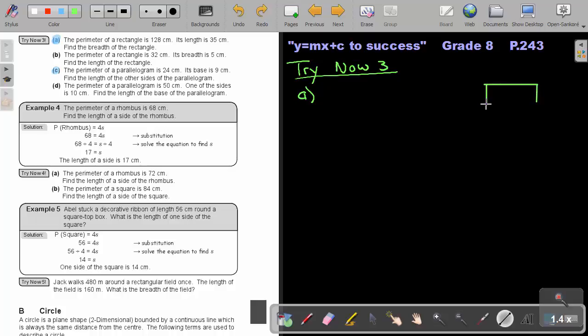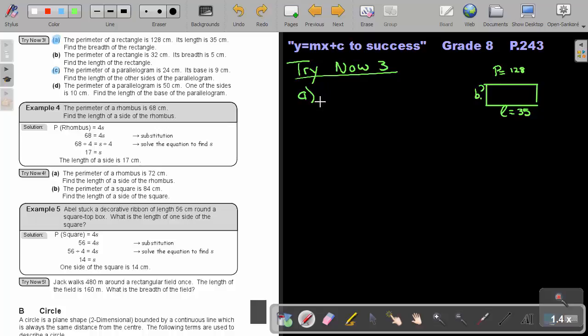Just a rough sketch, it doesn't have to be accurate, just to fill in the information. So the perimeter, the distance around the figure, is 128. Don't write it inside, that would indicate area. Its length is 35. And find the breadth. I'm looking for the breadth.